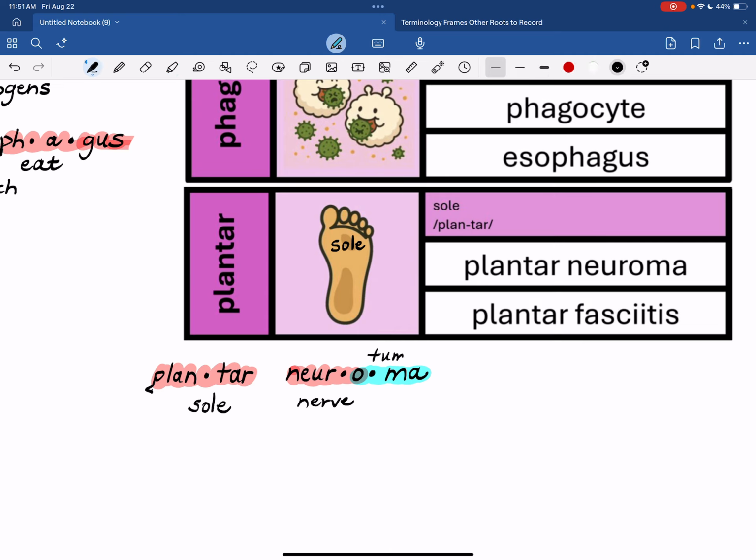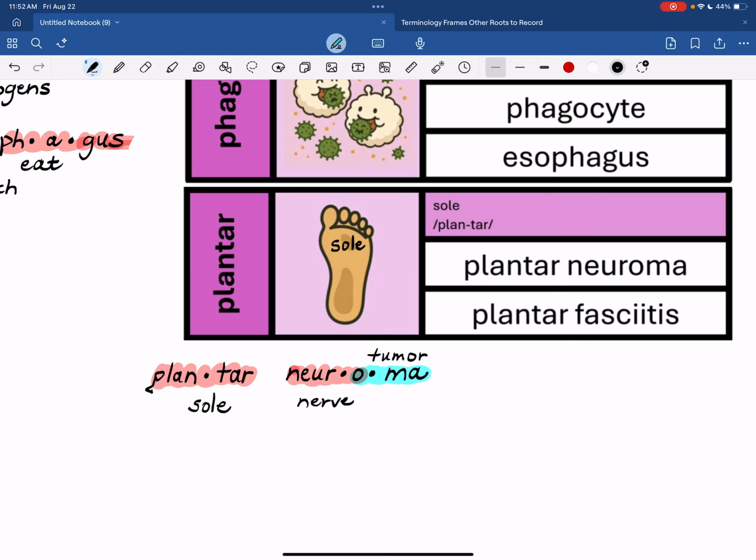So I am literally going to look up the definition of plantar neuroma before I tell you what it is. I need to know for sure. So I'm just typing this into Google. Okay, so I was wrong. This is not necessarily a tumor.